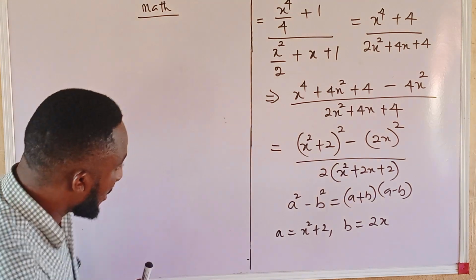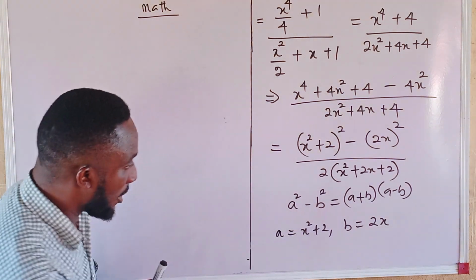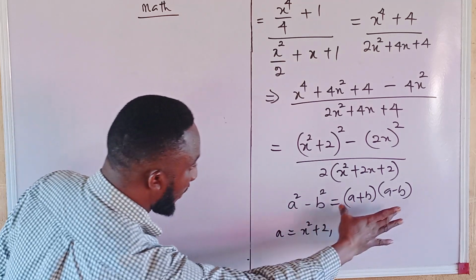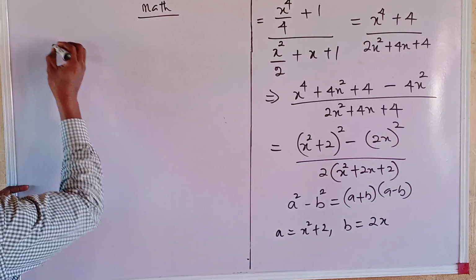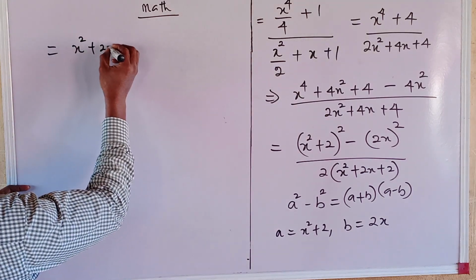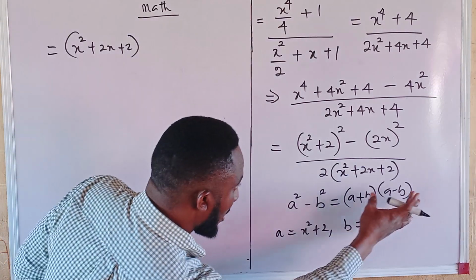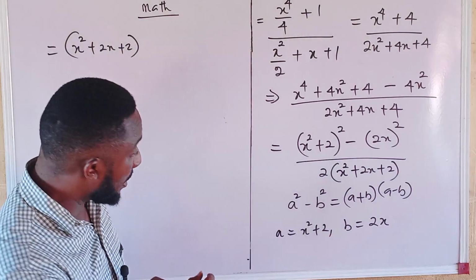So if we do that, okay, a is x squared plus 2, b is 2x. So a plus b, which is the first parenthesis here, will give me x squared plus 2x plus 2 in one parenthesis. Then the second parenthesis is a minus b.